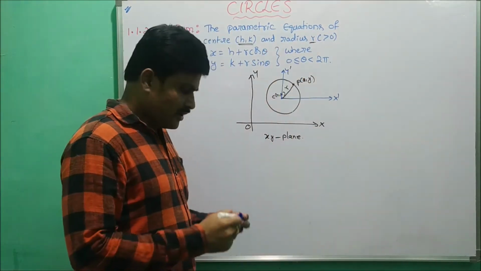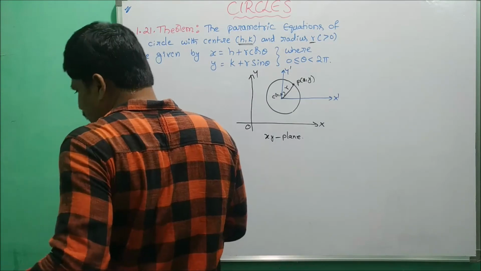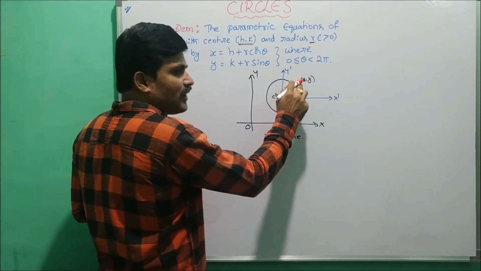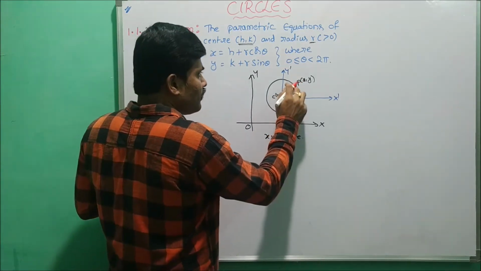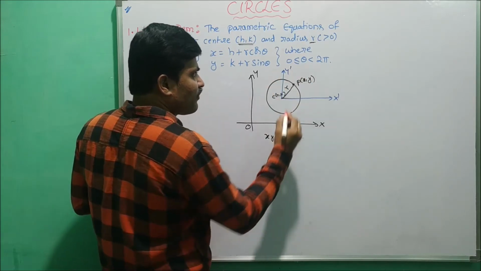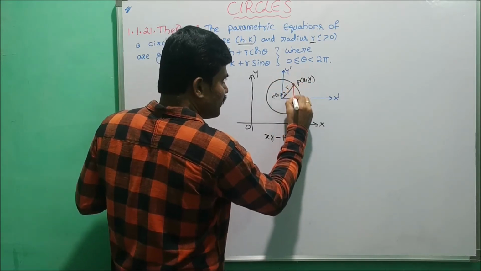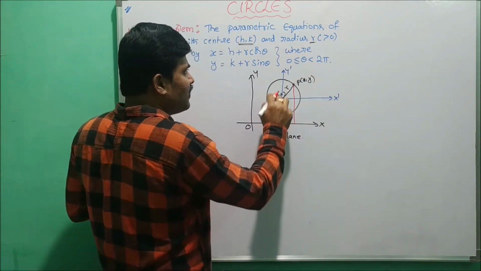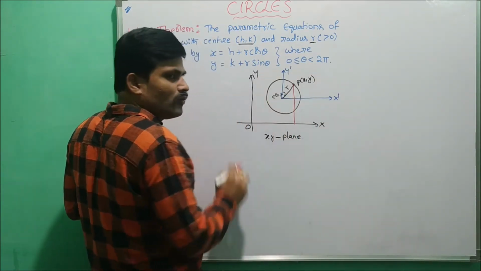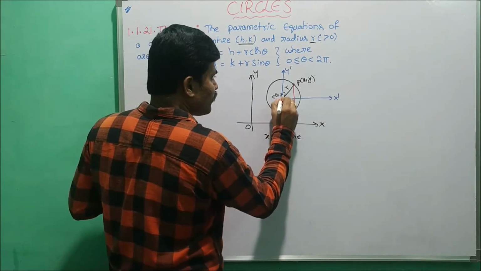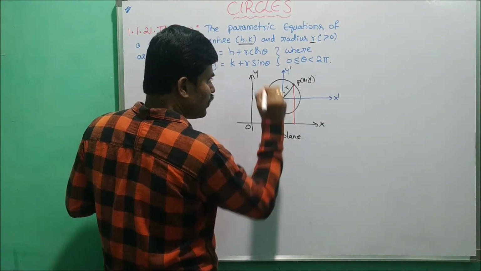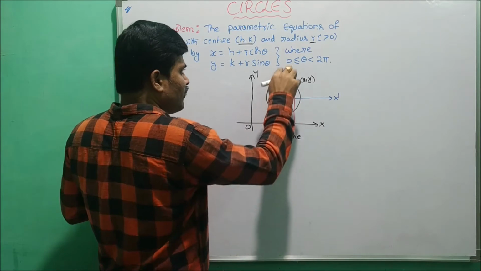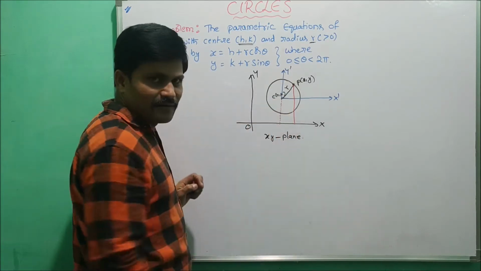Now we take a normal line from the point P(x, y). So this is the normal line. Also CY dash can be extended to the x-axis, that is OX. So this is the CY dash extended line.